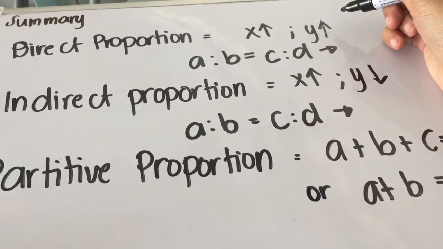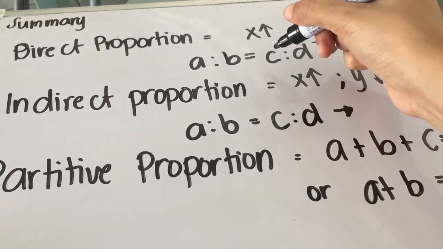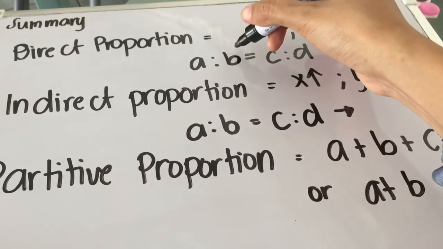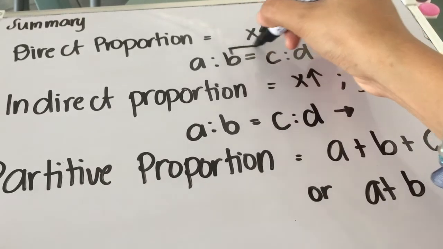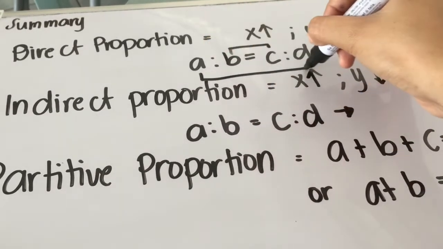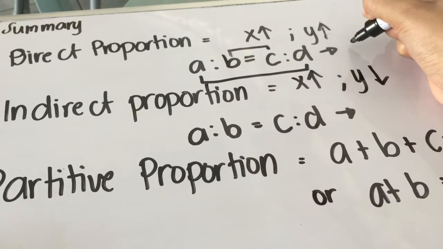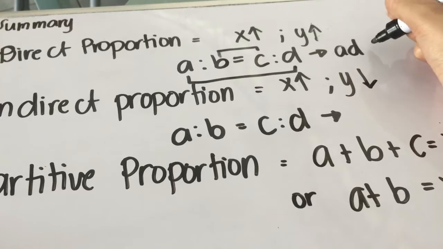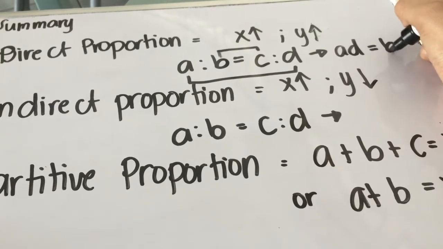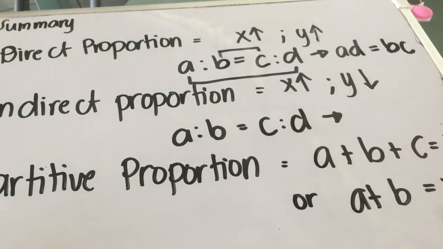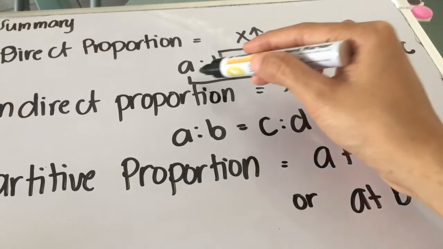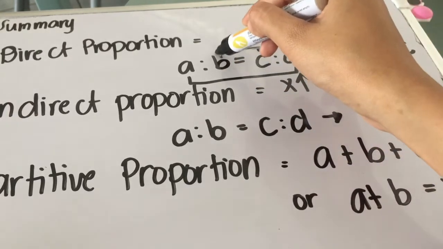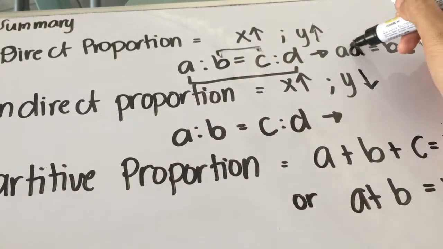So we have A is to B equals C is to D. In direct proportion, we will multiply like this. It should be A times D is equal to B times C. So these are the extremes and these are the means.